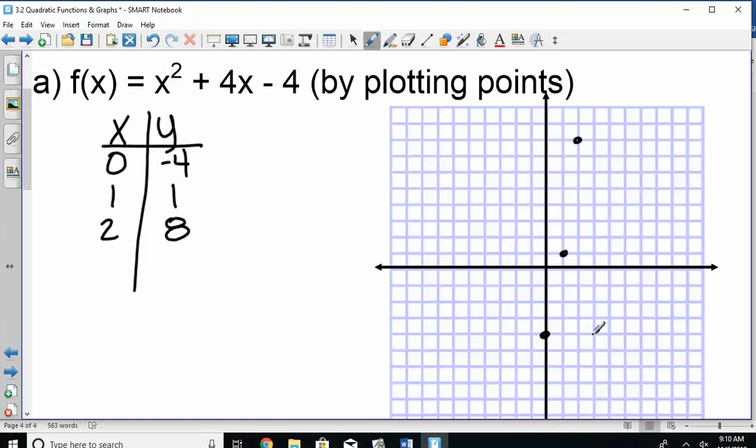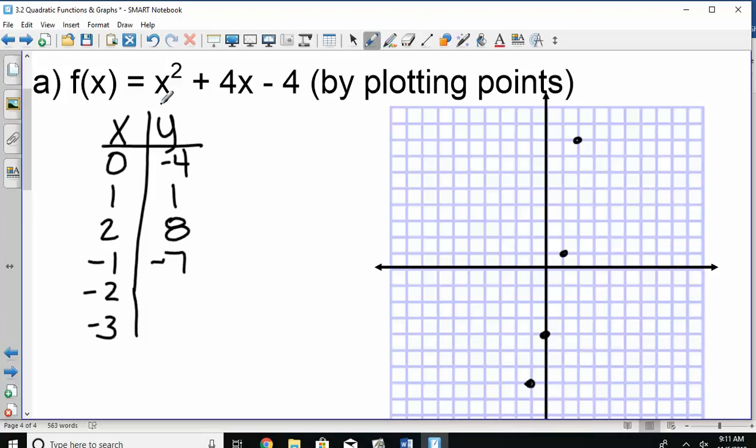Okay, let's try some negatives. If I put in -1, then I get 1 minus 4 minus 4, so -7. We still have to keep putting in some negatives, don't we? So let's do -2 and -3 and see what happens.